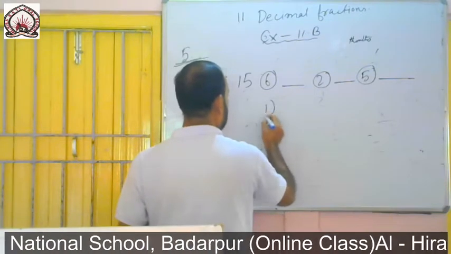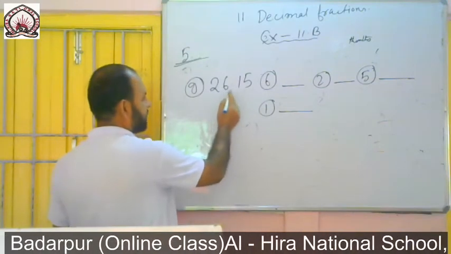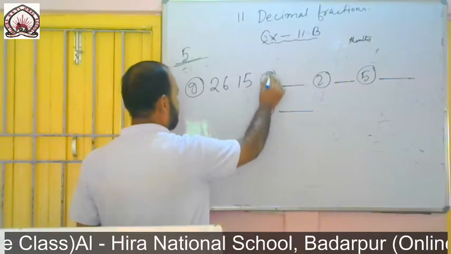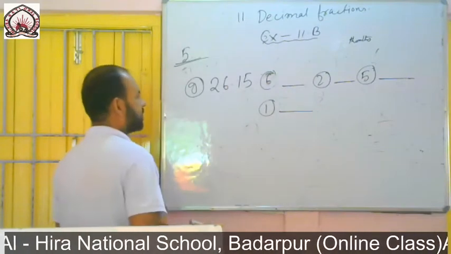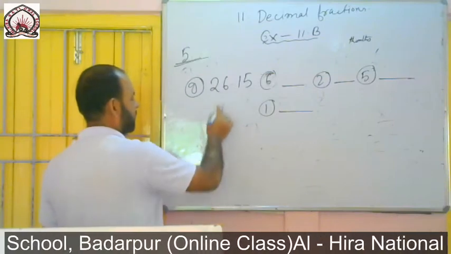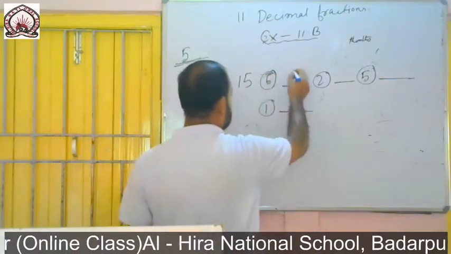So for the place value of this 6, we first see the position of the 6. The 6 is in the ones place, so its place value is 6.